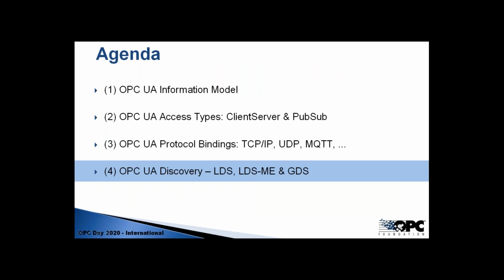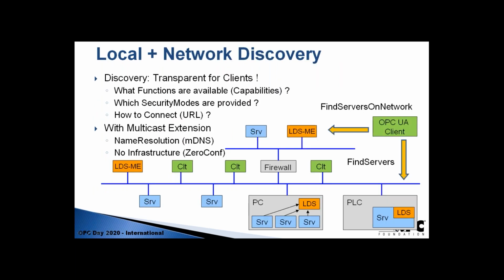Now I want to talk a little bit about the discovery mechanism. OPC UA comes with a mechanism to figure out what OPC servers are installed in the network or even on a certain computer.